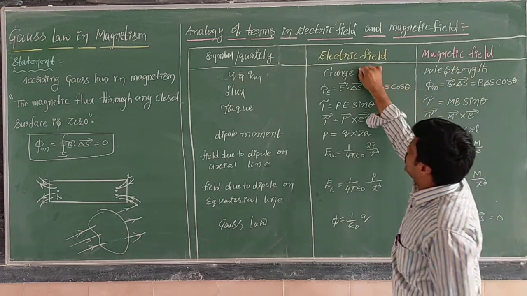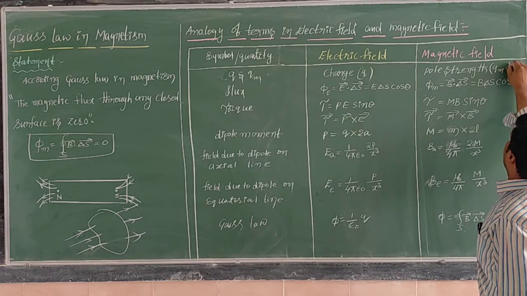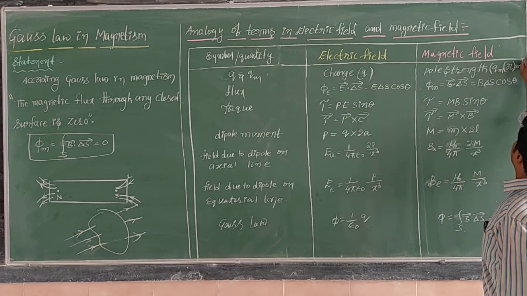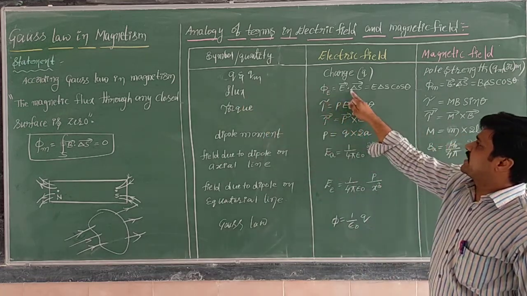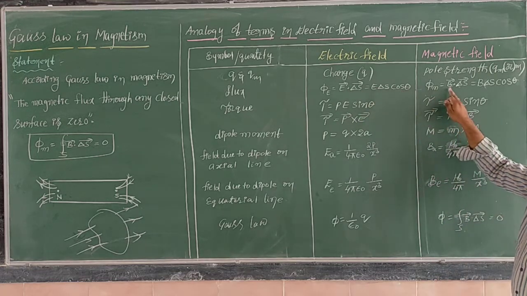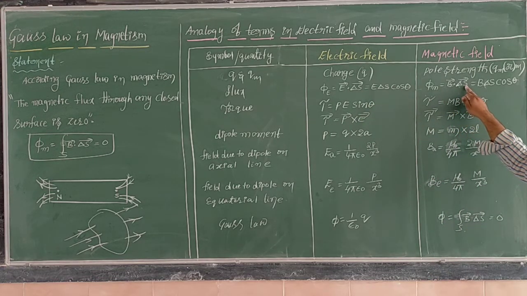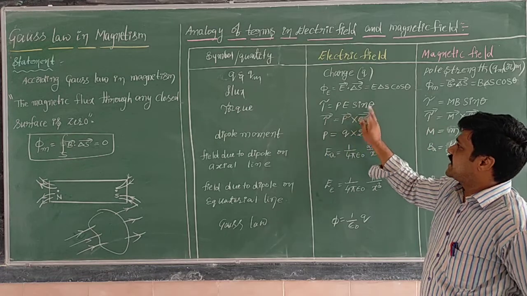Here charge is denoted by Q, pole strength is denoted by Qm or small m. Next one, flux. Electric flux is E bar dot delta S bar, that means E dS cos theta. Here magnetic flux is B bar dot delta S bar, B dS cos theta. Torque in electric field is pE sin theta.